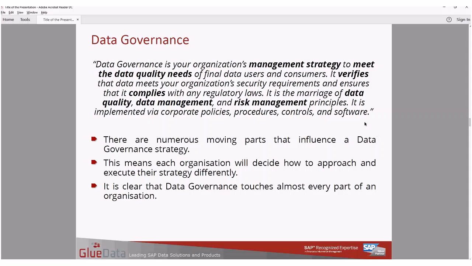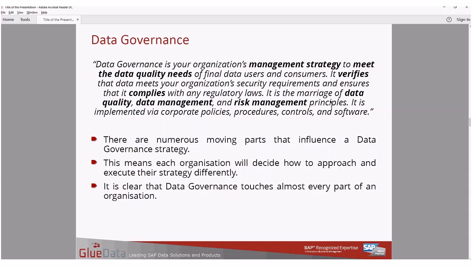It's effectively a management strategy to meet the data quality needs. Okay, and we have people who consume the data, and the data that they consume needs to fulfill those specific needs and drive the business. So it's extremely important to control that. The verification that the data meets those requirements, compliance, regulations, that's all the normal governance stuff that feeds down into your data governance, into your management and control of your data.